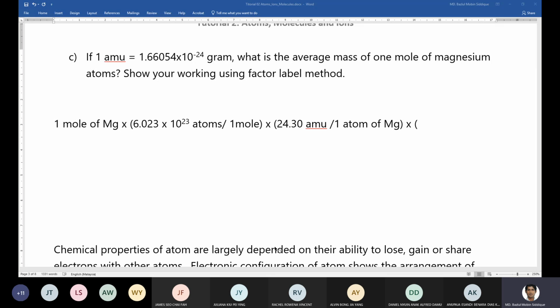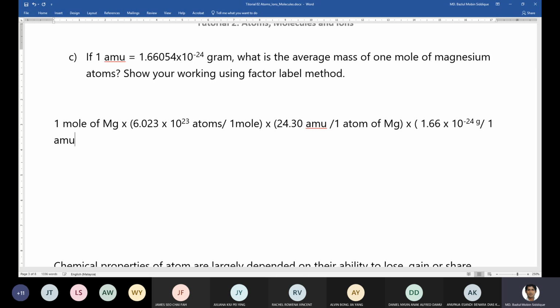So 1 AMU is 1.66 times 10 to the negative 24 gram, divided by 1 AMU.